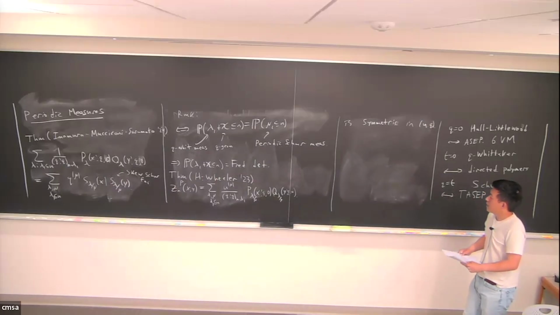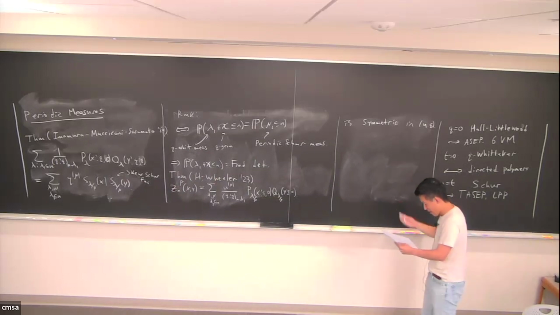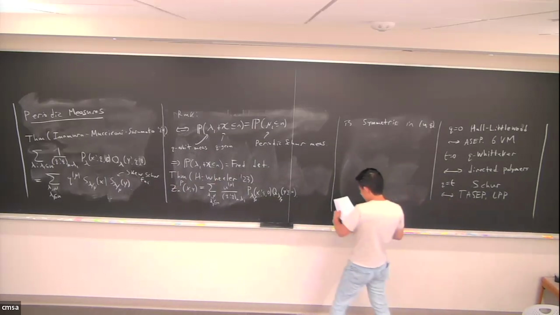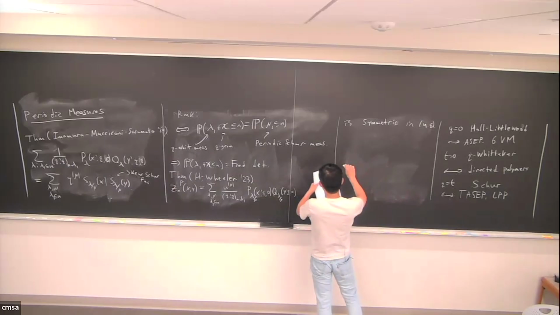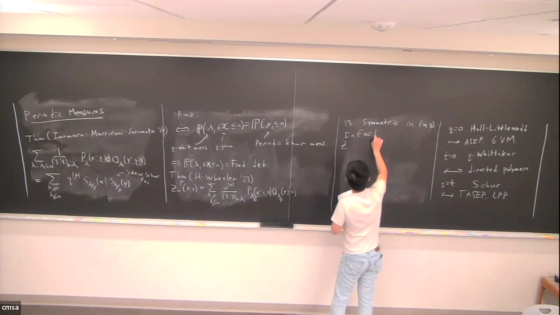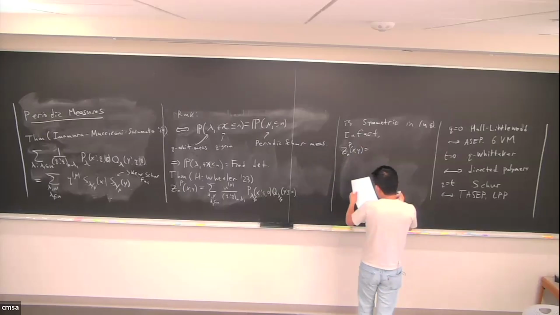So we actually show a bit more, and I want to actually write down a formula, which is maybe, I hope it's not too scary. So in fact, what we show is that this expression is equal to something.